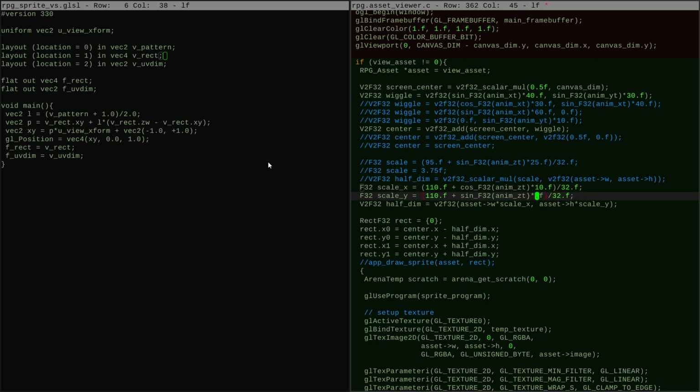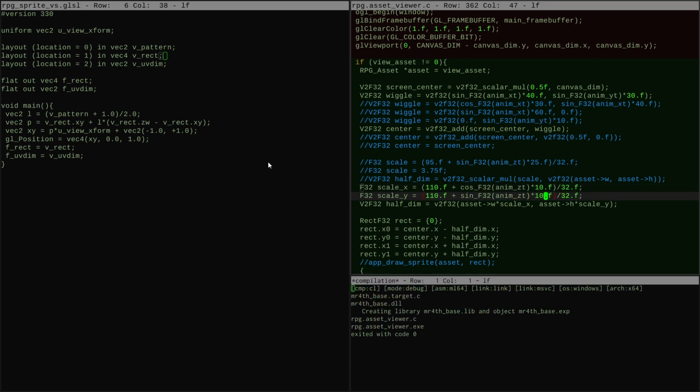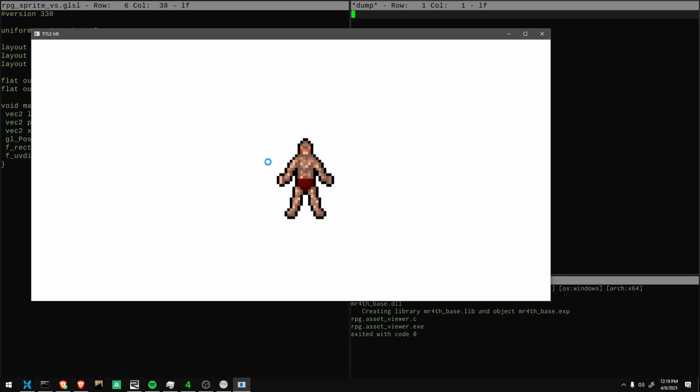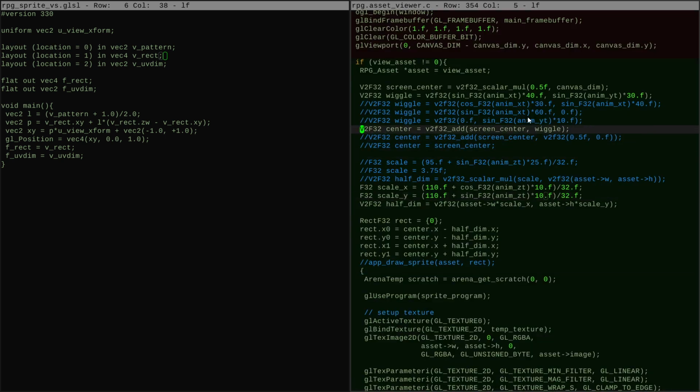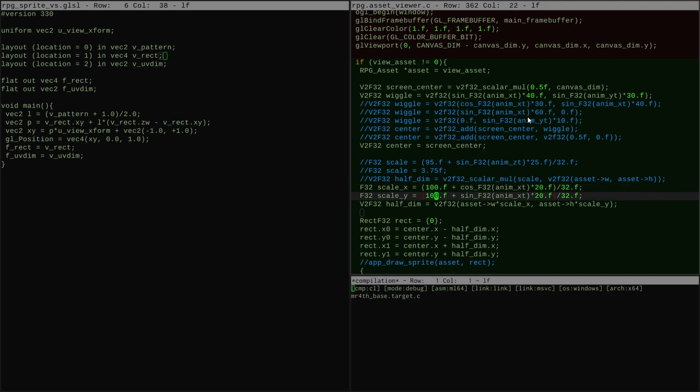We'll decrease the size of the scaling a little bit. Let's have the thing stop wiggling, and let's have these go fast. And maybe I made the size of the scaling a little too small.